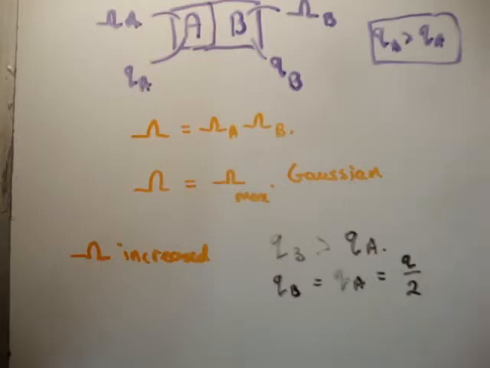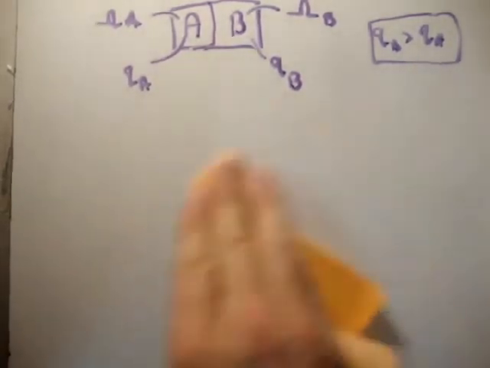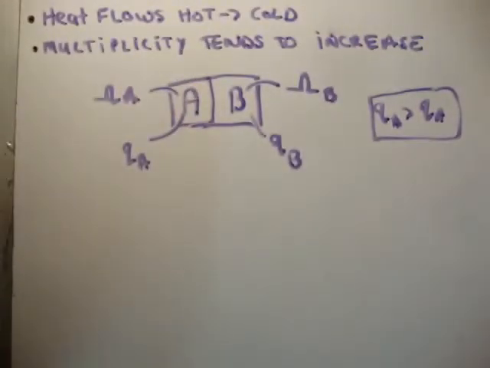So then you might ask yourself, just as an aside, what's stopping heat flowing from cold to hot? Why can't we have heat flowing from cold to hot? People will say immediately, well, that will violate the second law of thermodynamics. But we've just said that the second law of thermodynamics isn't a physical law, it's more of a statement of probabilities.